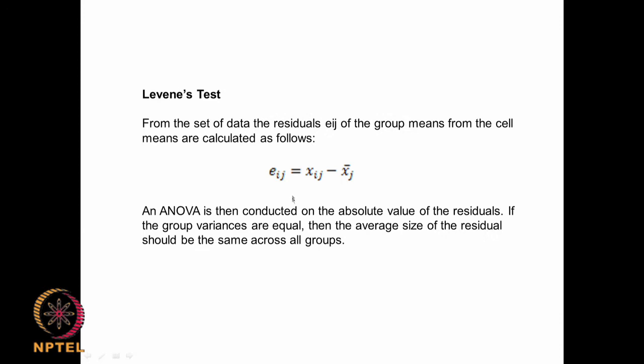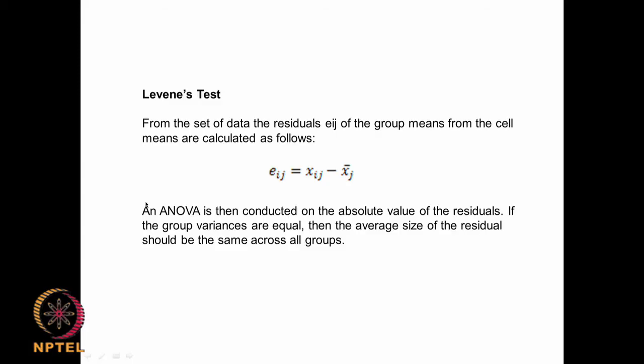Do you understand? It is very simple. So, what you do is we take the mean and then we take the difference, take the absolute value. So, that is called the residuals, absolute value, and then you perform an ANOVA. So, we can perform it for 2 data sets or 3 data sets ANOVA, and then we can show the H0, whether it satisfies the H0 or not. So, it is very simple, that is called Levene's test.